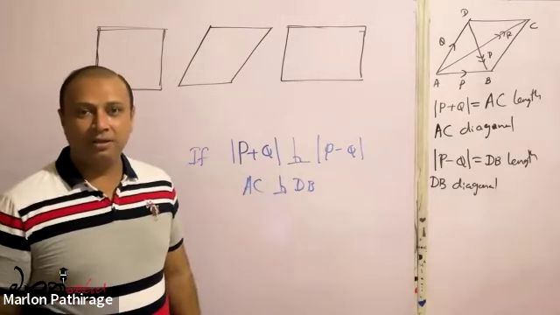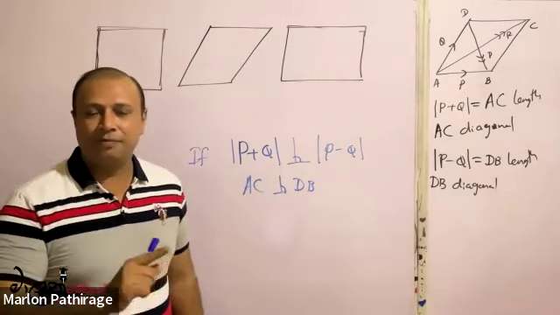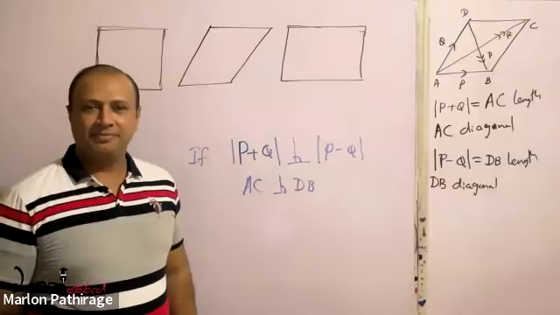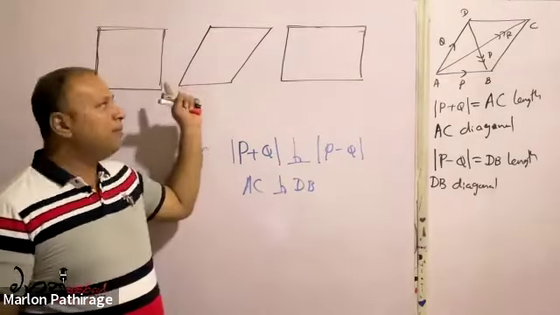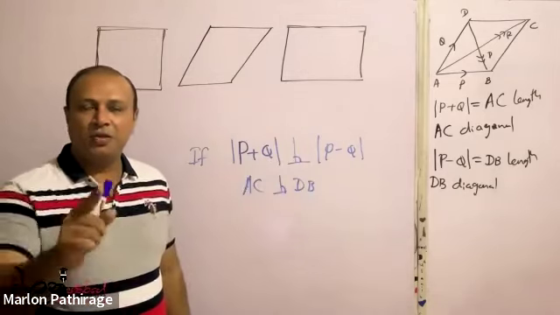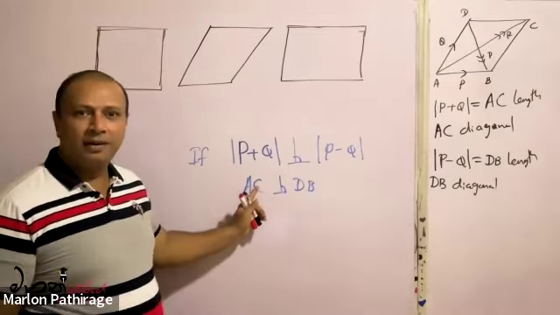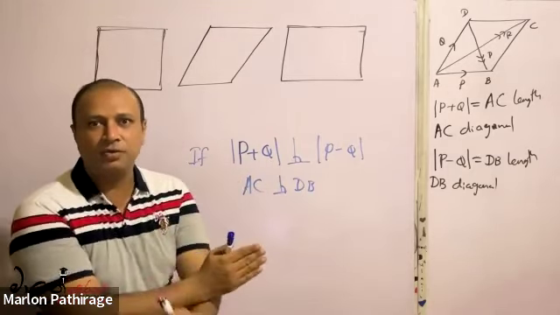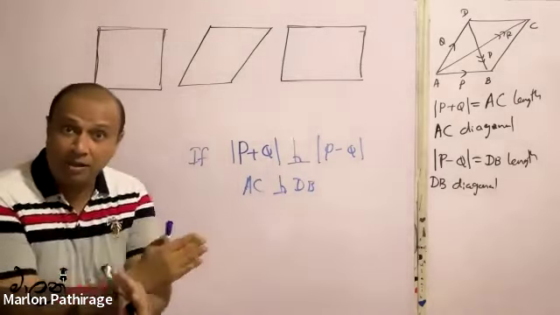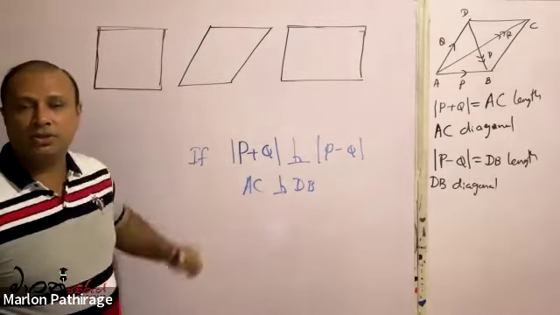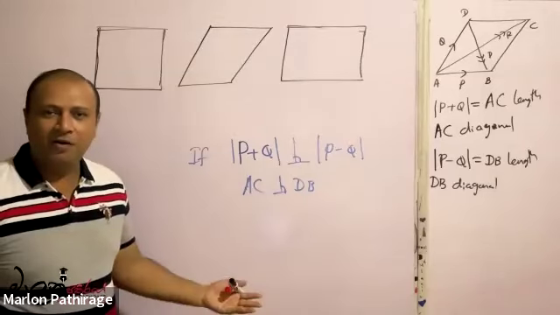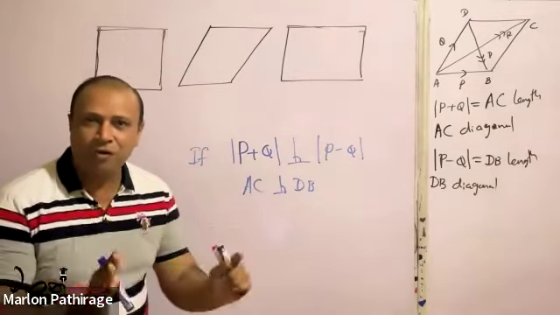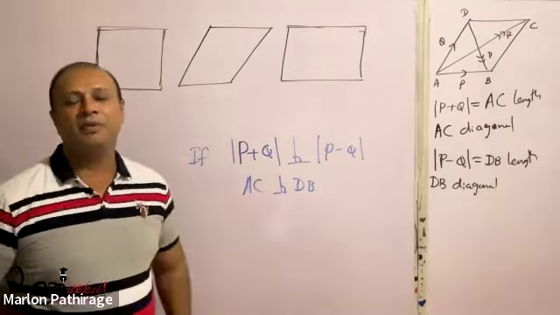Now you have to think: if two diagonals are perpendicular to each other, then what kind of parallelogram is this? If you remember the features of these three, you can understand that the parallelogram should be either a square or a rhombus. Because only in a square or a rhombus are the diagonals perpendicular.